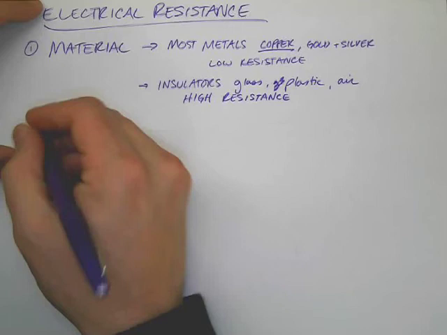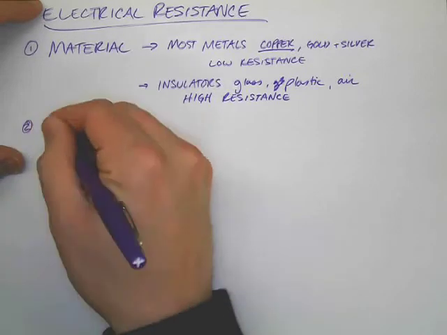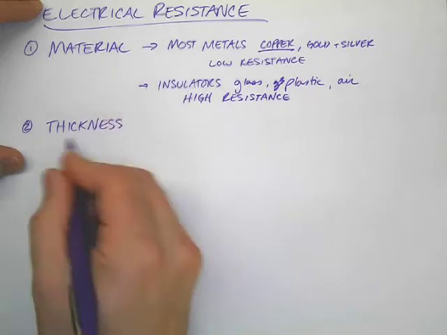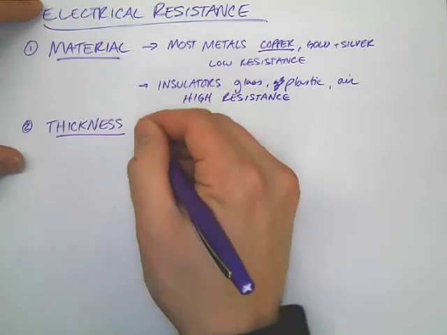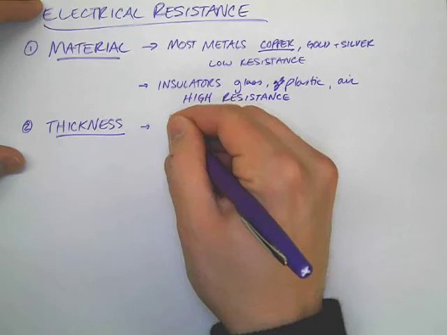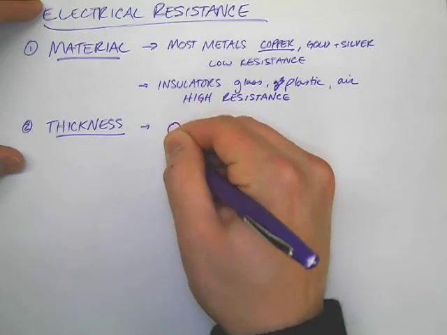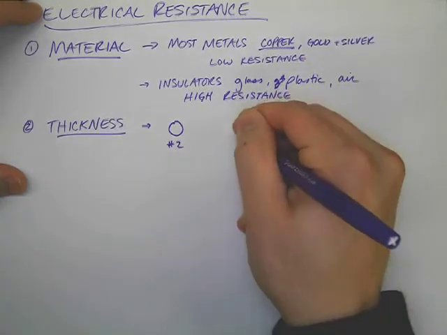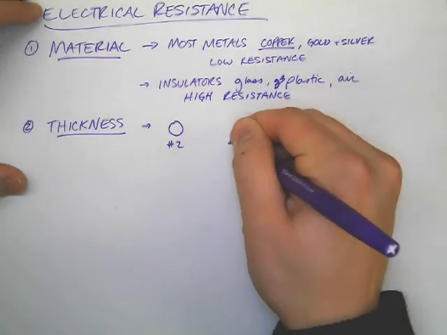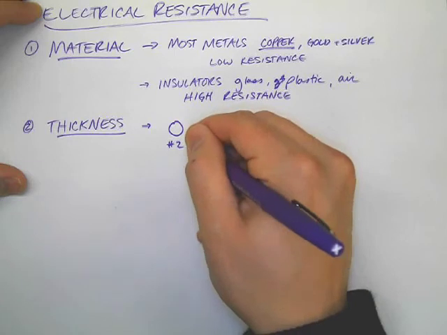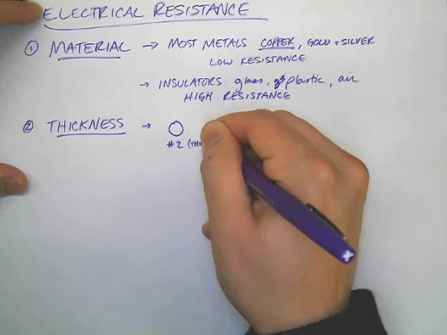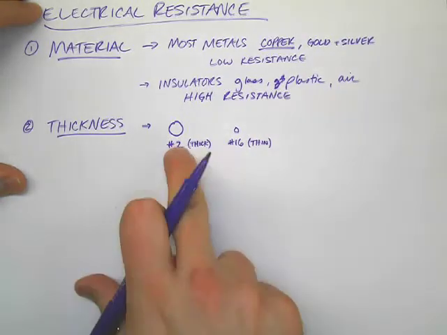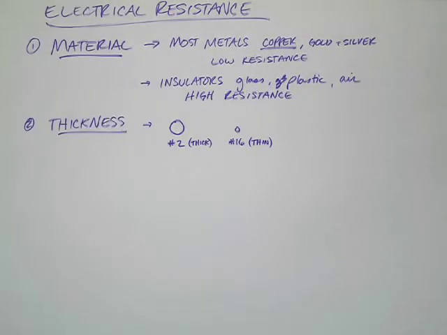The other thing we can do to affect resistance is change the thickness of the conductor, right? So if I have, say, a number 2 gauge wire, which is a thick wire, versus like a number 16 gauge wire, which is a thin wire, I'm going to be able to get more current to flow through the thick wire.